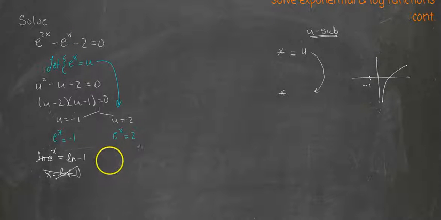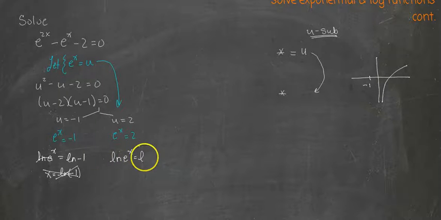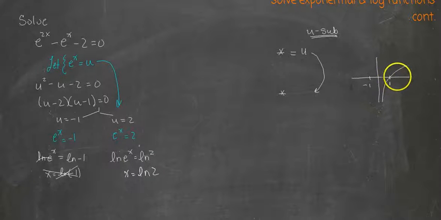In the other case, I have e to the x equals 2. Taking the natural log, ln e cancels, so I get x equals ln 2. And ln 2 is perfectly fine. This is 1, and if I choose 2, I'm going to get some positive value out of it.